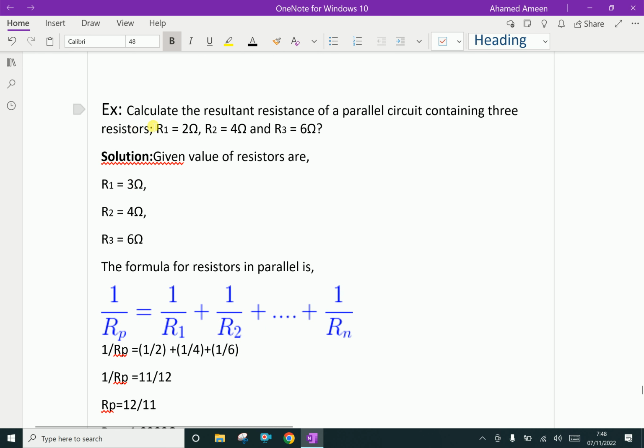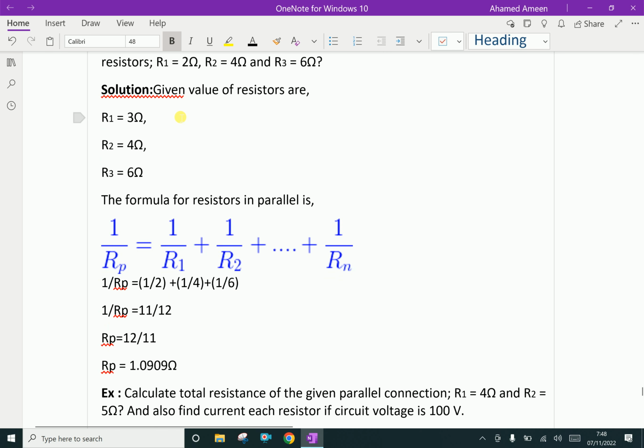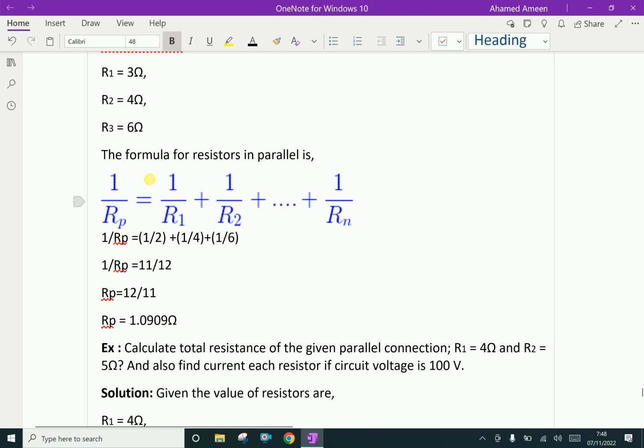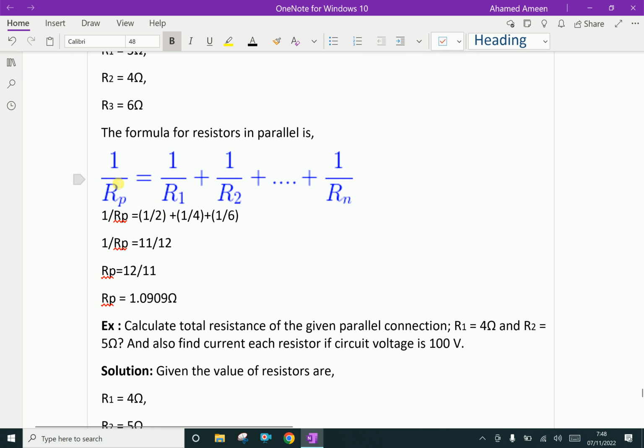For example, calculate the resultant resistance of a parallel circuit containing 3 resistors, where R1 is 2 ohms, R2 is 4 ohms and R3 is 6 ohms. The formula is 1 by Rp equals 1 by R1 plus 1 by R2 plus 1 by R3.